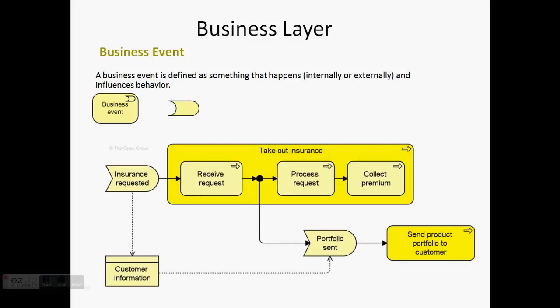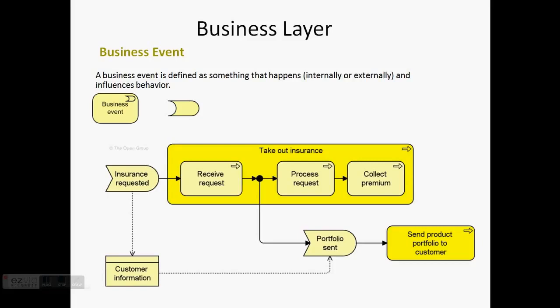Unlike business processes or functions, a business event is instantaneous. It does not have a duration. That's why we call it an event. It happens at once, whereas processes, functions and interactions have a duration, and take a certain length of time.